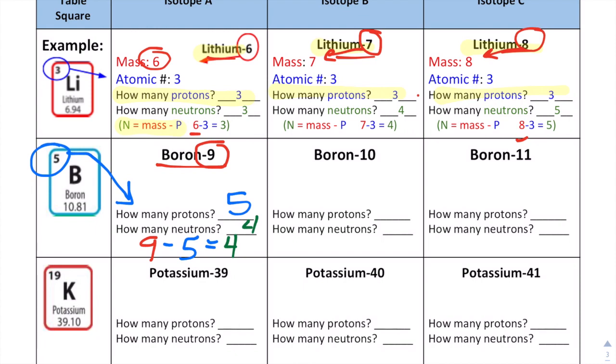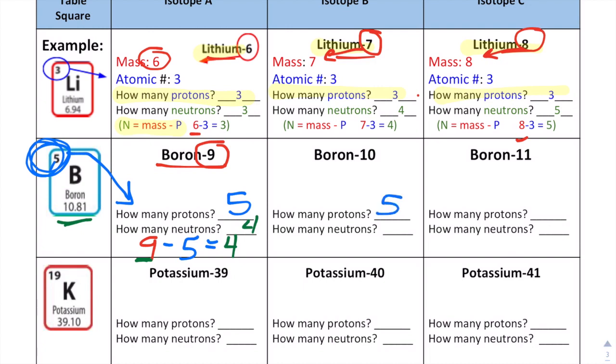Back to connect to what we did before, notice its mass is a little lower than the average of 10.81, but we're going to use the mass that we know this atom has. The 9 is specific to boron 9, this atom. All right, boron 10. The atomic number is still 5. Atomic number is the one from the periodic table, so 5.